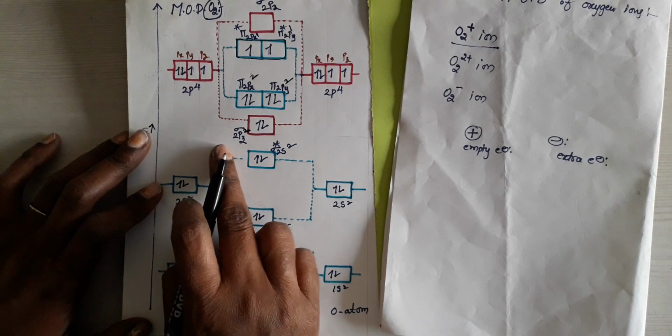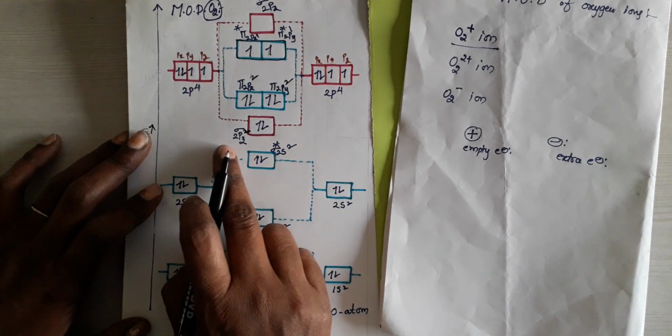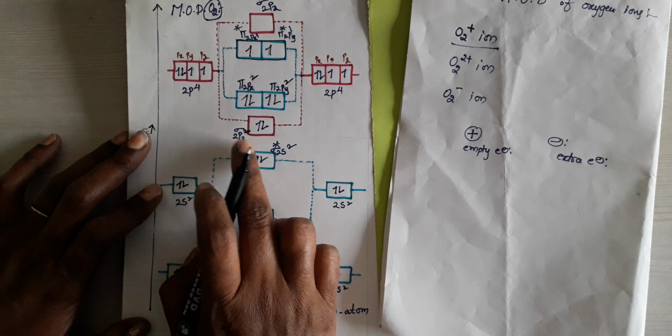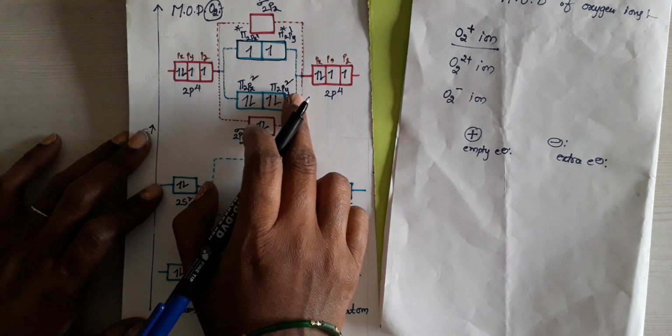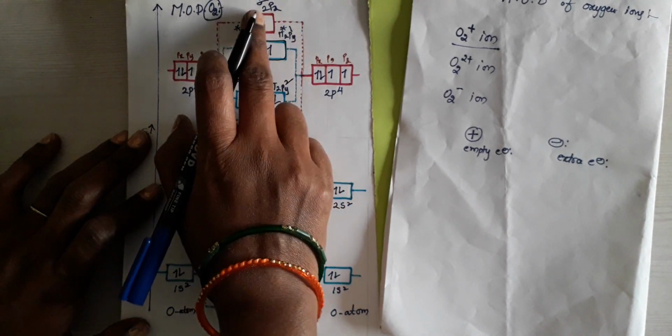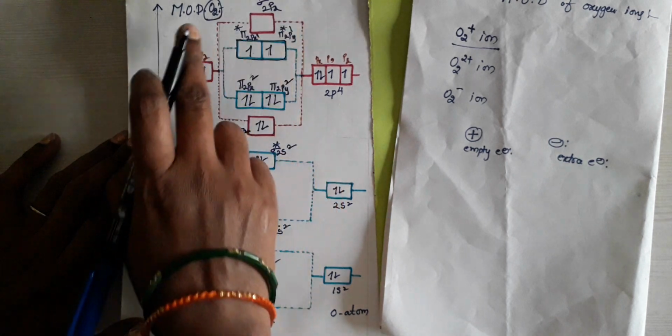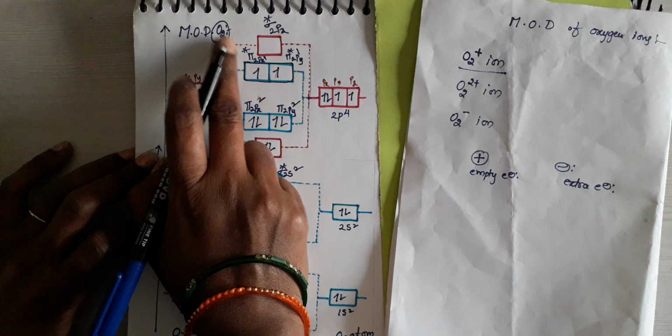So this is the 1 2 2 1 formula. Then sigma 2pz2, pi 2px2, pi 2py2, and on the antibonding side pi star 2px1, pi star 2py1, sigma star 2pz. This is for oxygen, O2.